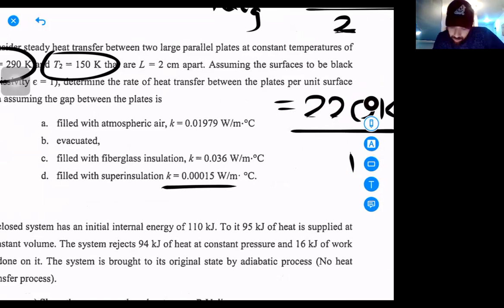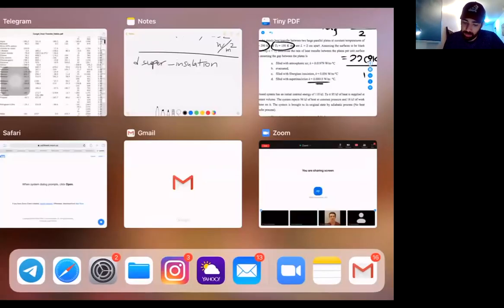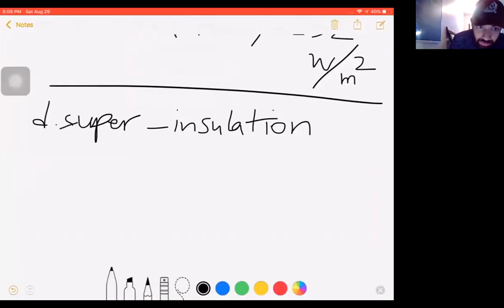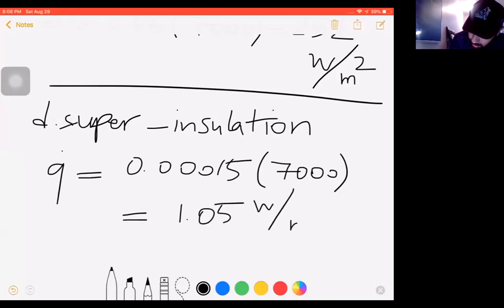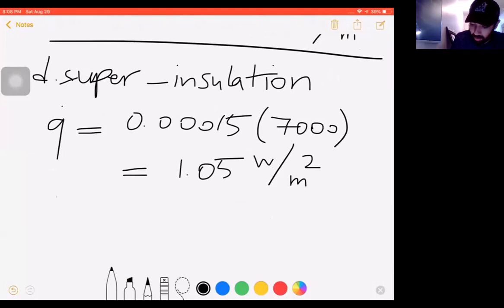So I will use this thermal conductivity constant for finding the total heat rate. So 0.00015 times 7,000 is equal to 1.05 watt over meter squared.